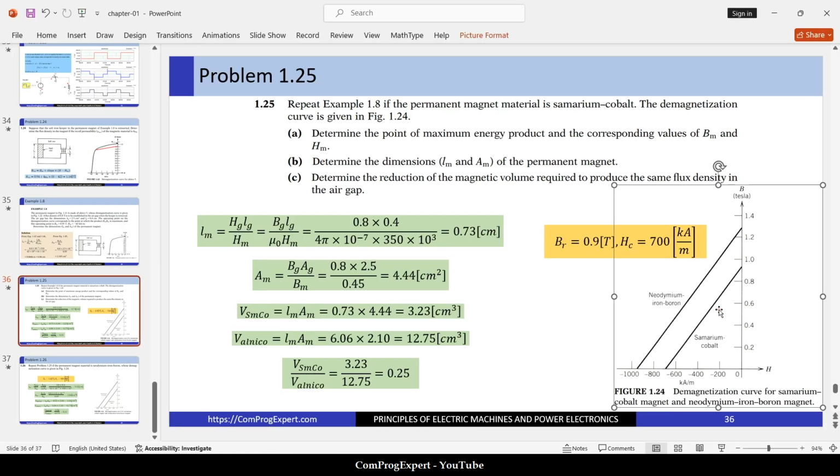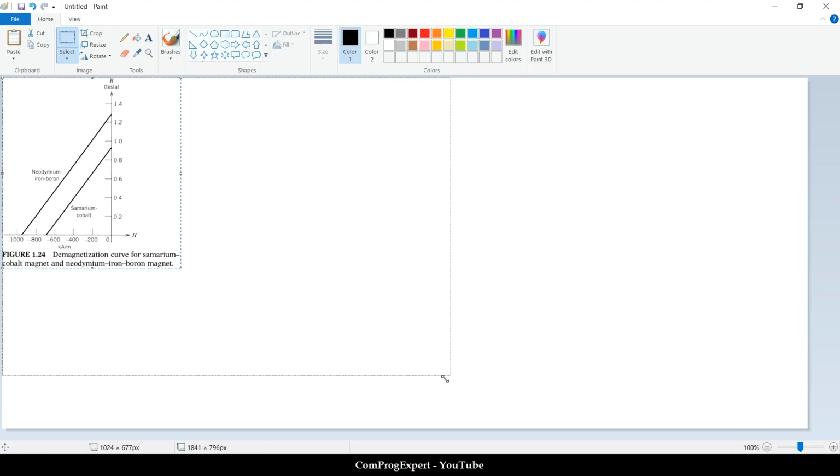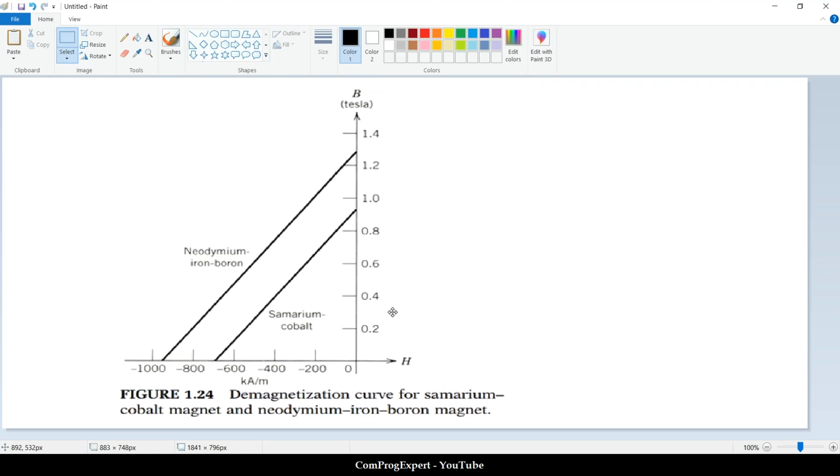Let me copy this figure again. Okay, so suppose we have something like this, and this is the HC, this is BR.